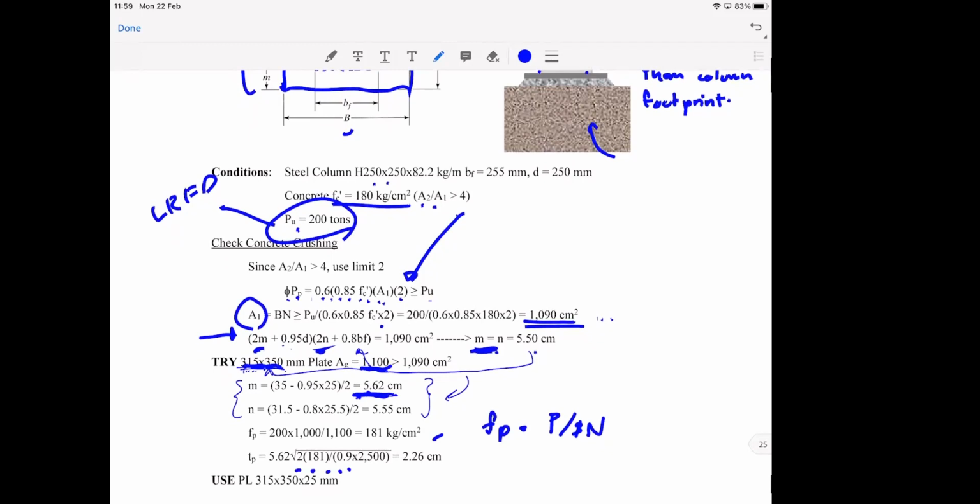And there we go, 2.26. So I go with the typical plate thickness, 25 millimeters. So it's 315 by 350 by 25. That's the end of the design of the base plate.